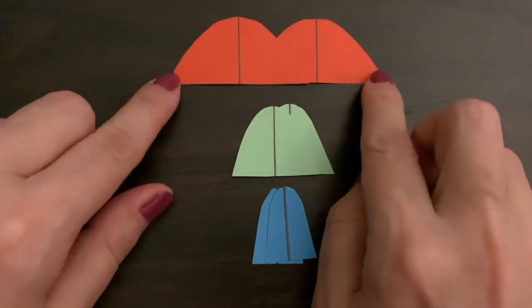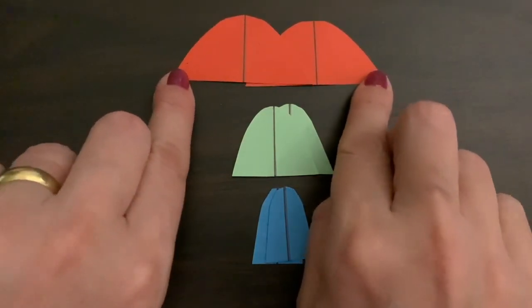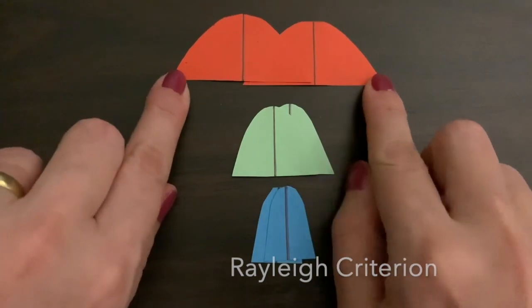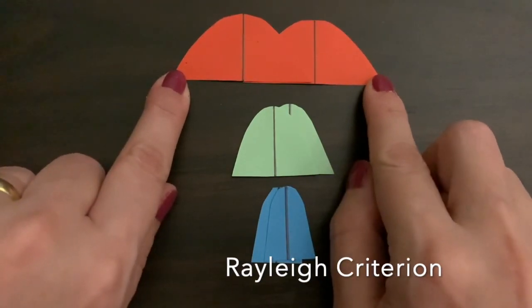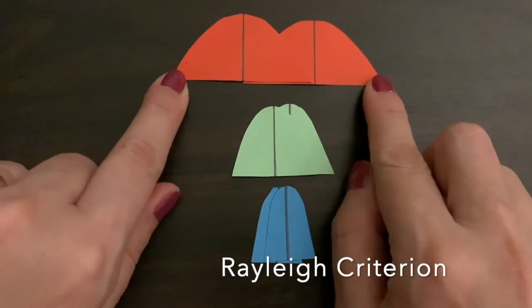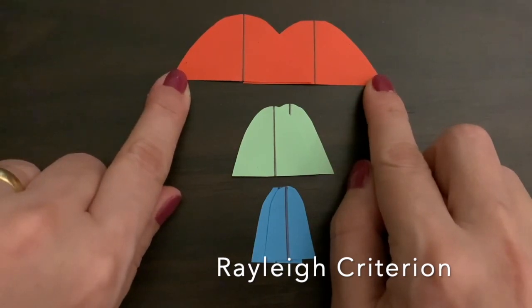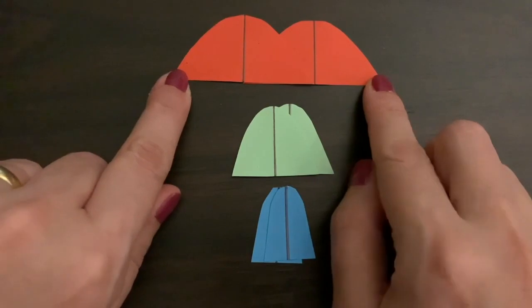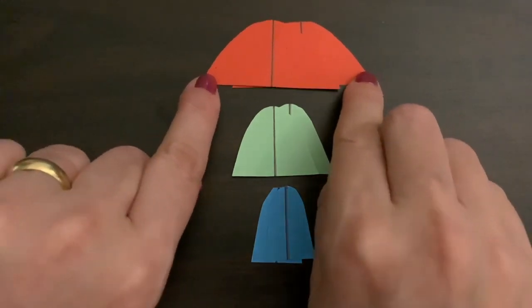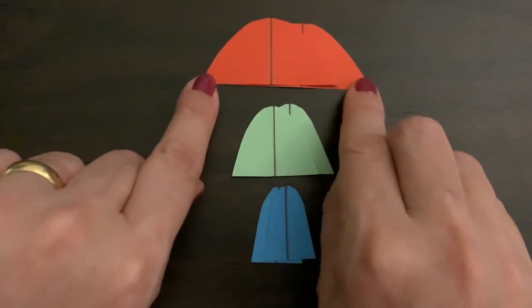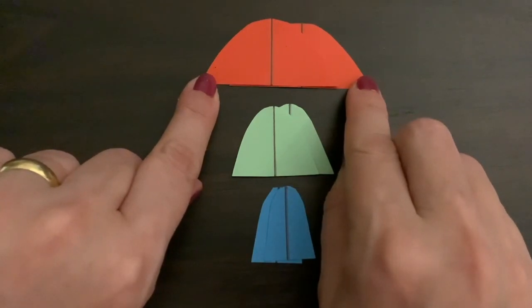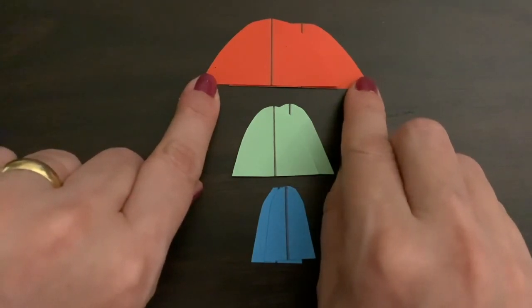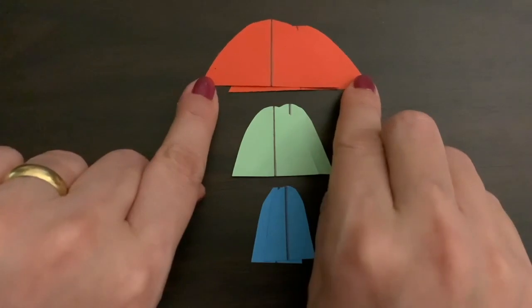If those two images obey the Rayleigh criterion, which is the center of one diffraction pattern coincides with the first minimum of the other, then we say the image is resolved. However, if our telescope is not powerful enough, then the image may not be resolved like this.